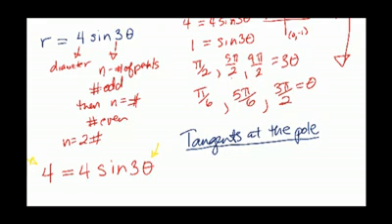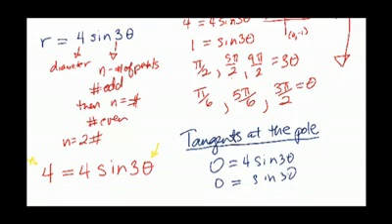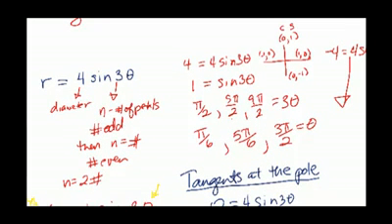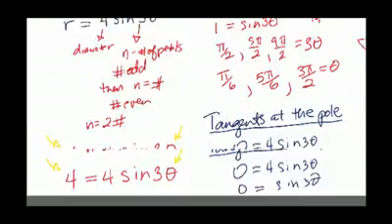So, if I set the whole thing equal to 0, divide both sides by 4, where does sine equal 0? If we come up here, that's going to occur at these 2 spots here, which is 0, pi, and 2 pi.